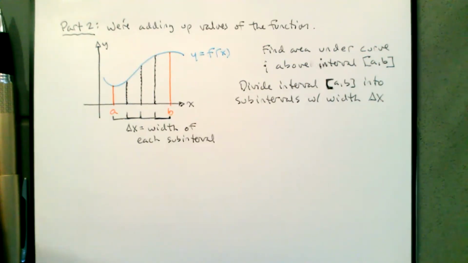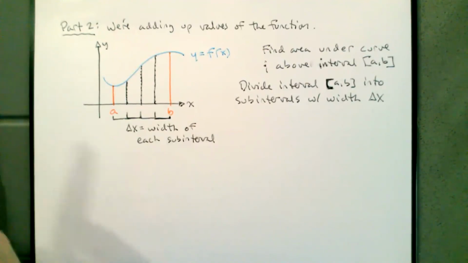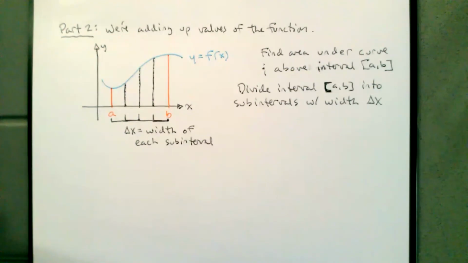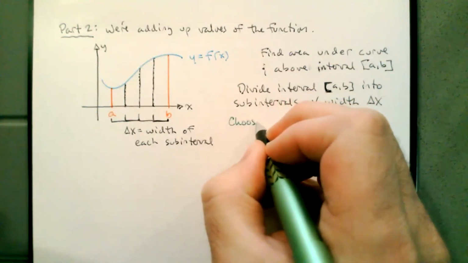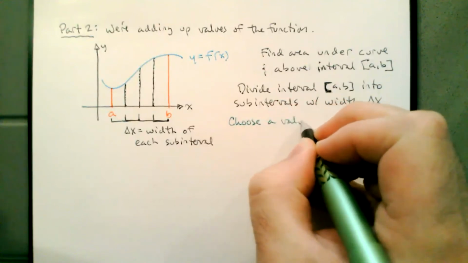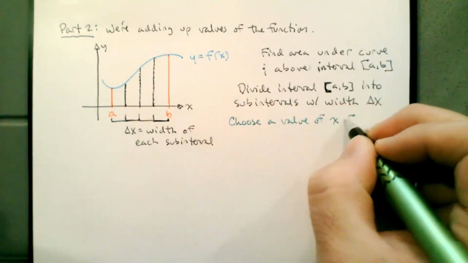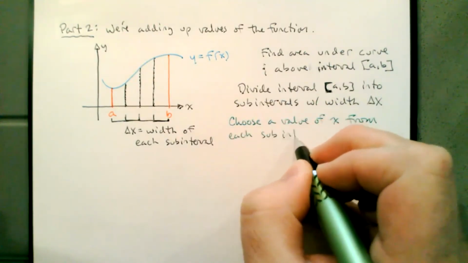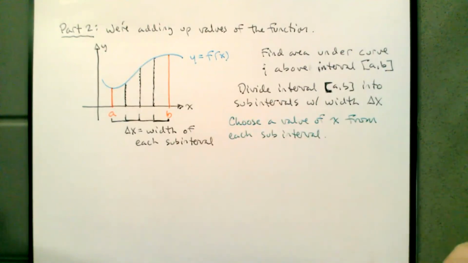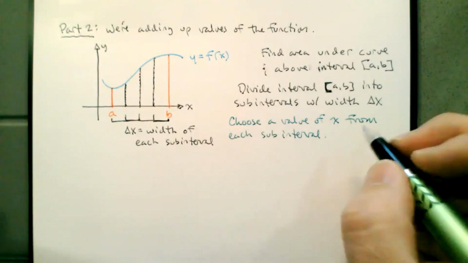So now we'll choose a value of x in each of the subintervals and evaluate the function at that point. We're going to choose a value of x from each subinterval and evaluate the function at each of those values of x.